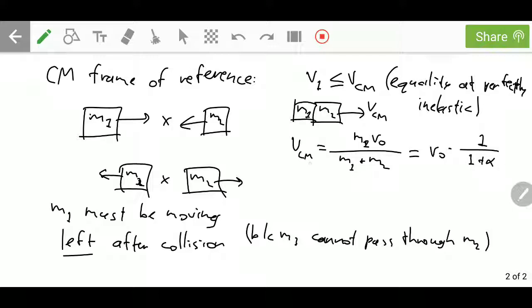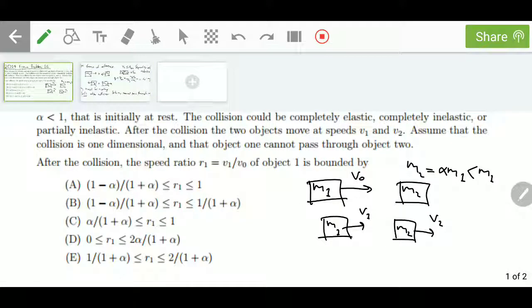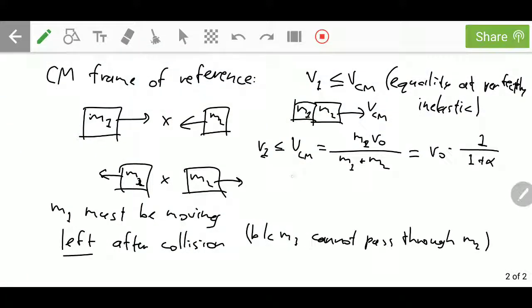And remember that v1 is less than or equal to this, and thus r1, which is v1 over v0, is less than or equal to 1 over 1 plus alpha. So let's box that.